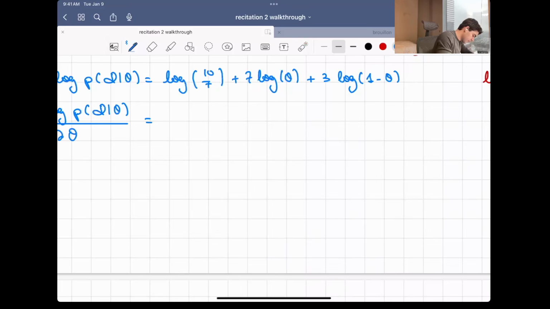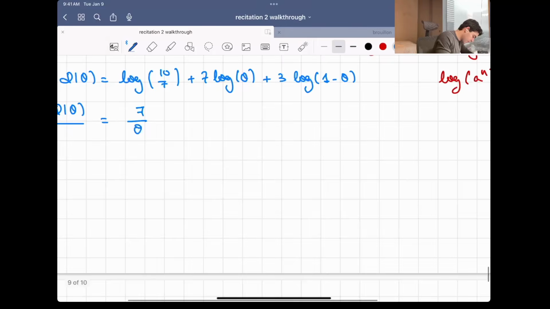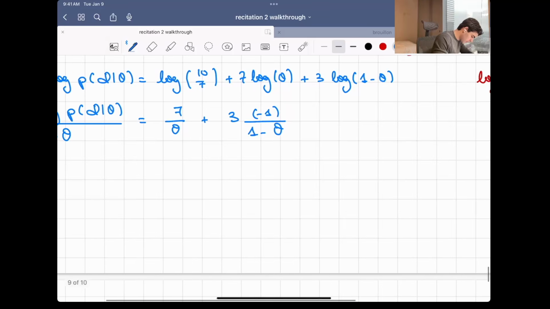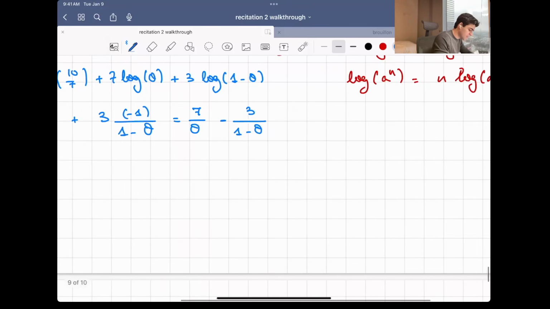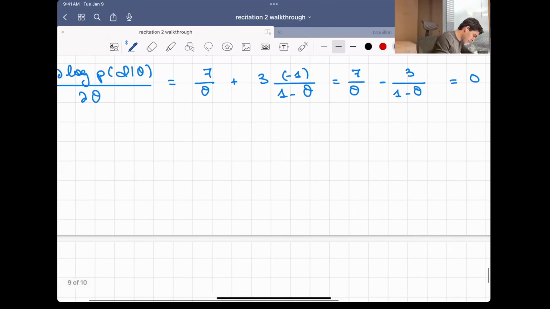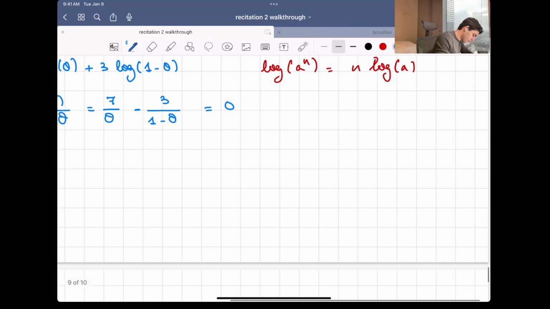The next term is 7 over theta, and the last is minus 3 over 1 minus theta. So the derivative is 7 over theta minus 3 over 1 minus theta. We set it equal to 0, and then we solve for theta.